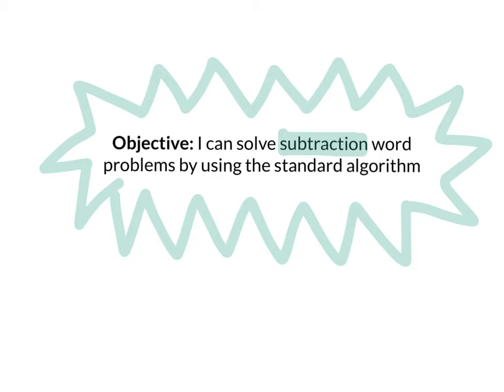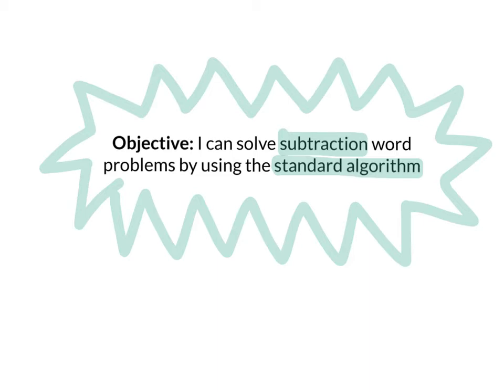Now that we know how to use that strategy, we are learning how to solve subtraction using the standard algorithm. The standard algorithm is just a fancy word for a step-by-step procedure to find the answer.